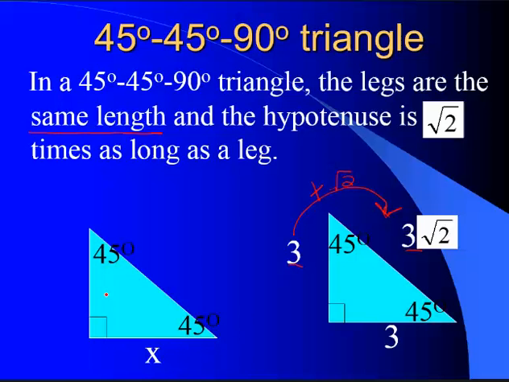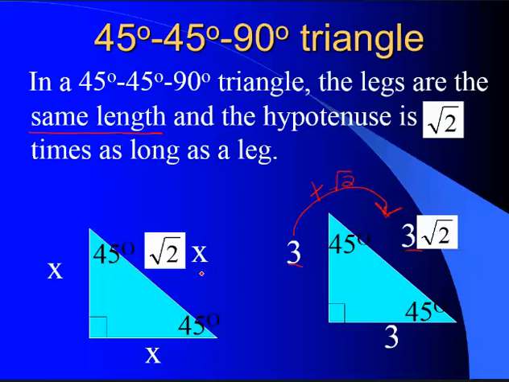Okay, so here's my triangle. This side is x. That means this side's going to be x. So this side is x square root 2. Okay, that is the general formula for a 45, 45, 90 triangle. This is what you would see on a formula chart somewhere.